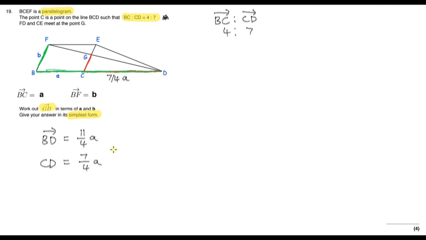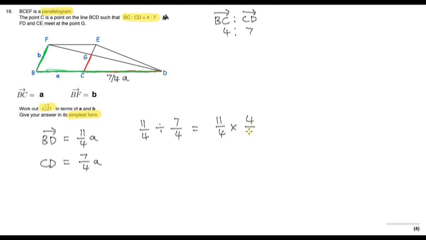So how many times bigger is the green side length on the base compared to the red base? Well, we're just going to do 11/4 divided by 7/4. So another way we could do this is, instead of dividing by this fraction, we can multiply by the reciprocal.